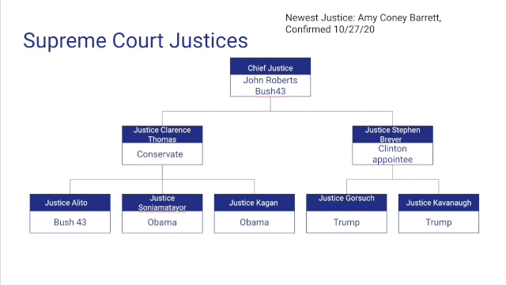Chief Justice Roberts has been a fine example. Justice Roberts was a Republican appointee, and yet many of his decisions have been, I wouldn't say liberal, but many of his decisions have been in line with the law.